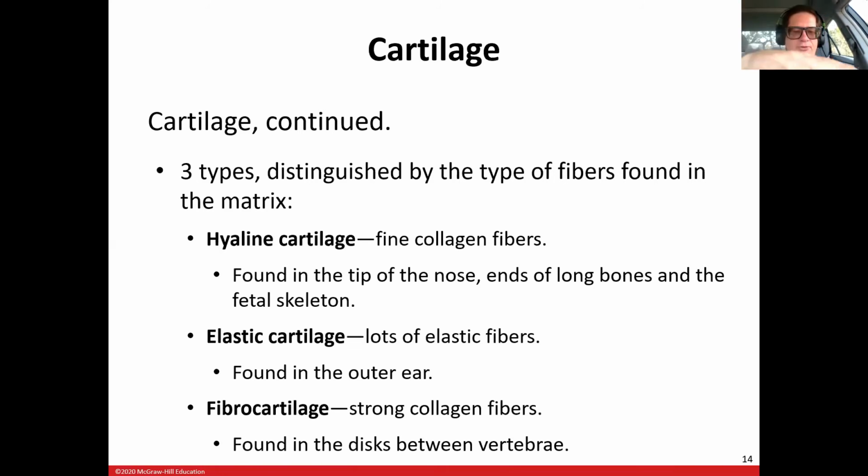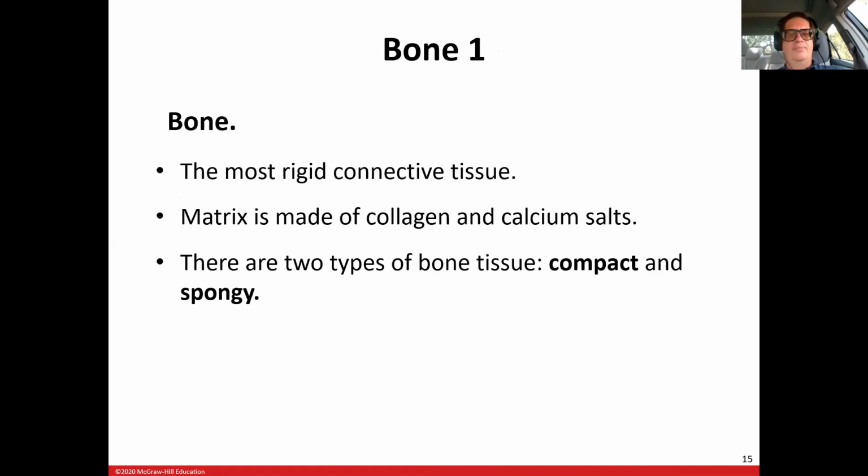When someone boofs, their butt hits the water and all that impact is on the spine. Anyway, so fibrocartilage, tough.